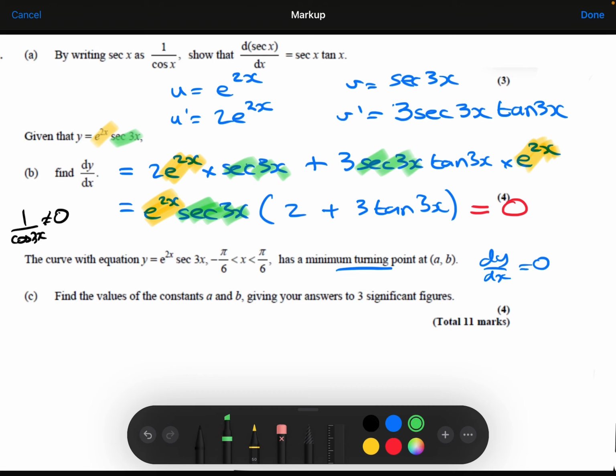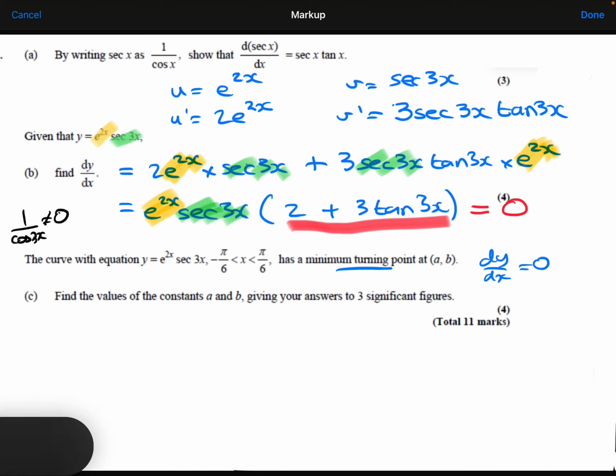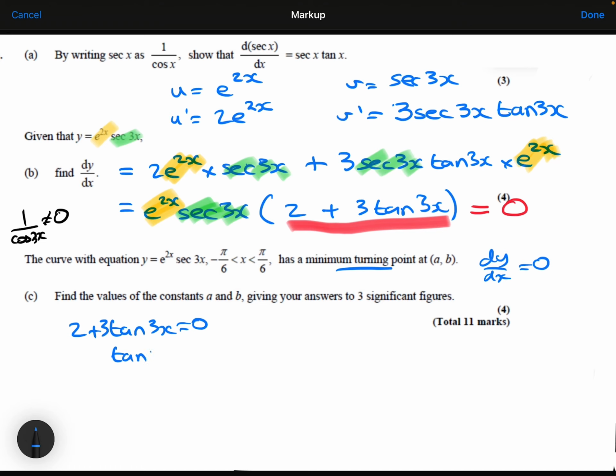So that's good because I don't need to worry about that either. The only thing that I need to worry about really is this, the 2 plus 3 tan 3x. When does that equal 0? So let's subtract the 2 from both sides and then divide by 3. So I get tan 3x is equal to minus 2/3.